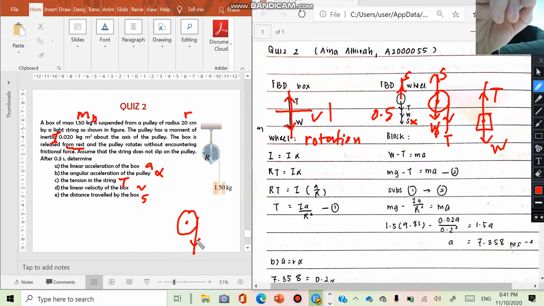Because of ada tali macam ni, tension, so sebenarnya ini adalah force, which is equals to tension. Force yang diwakili oleh tension, betul? Dan this one is the radius. Kalau awak ingat balik, bila berlaku rotation about an axis, so maksudnya ada torque.